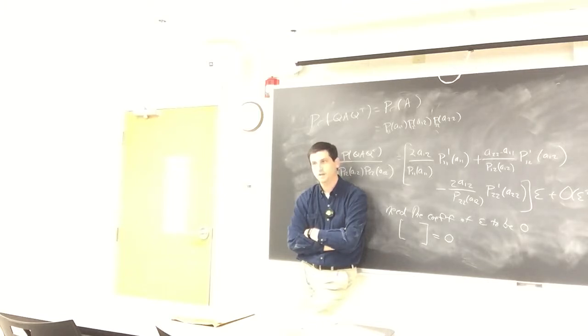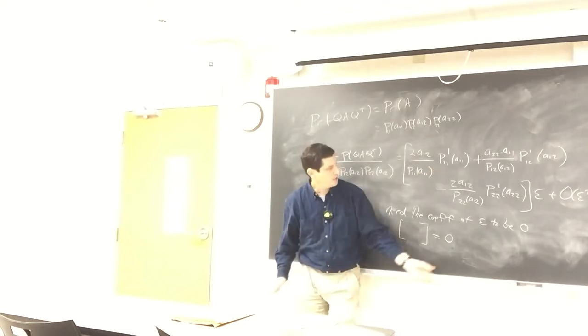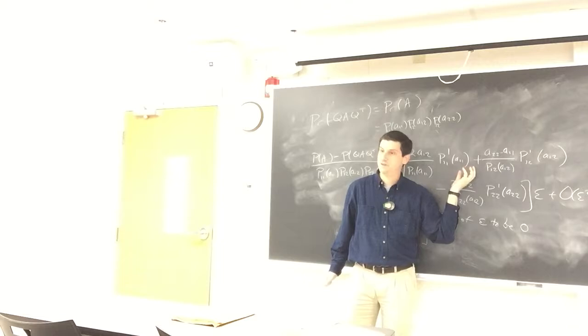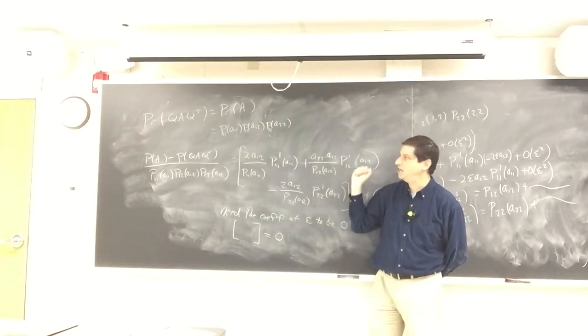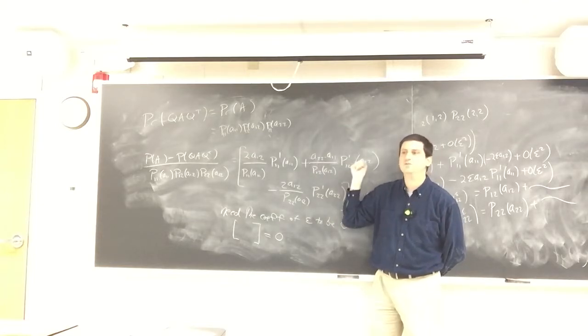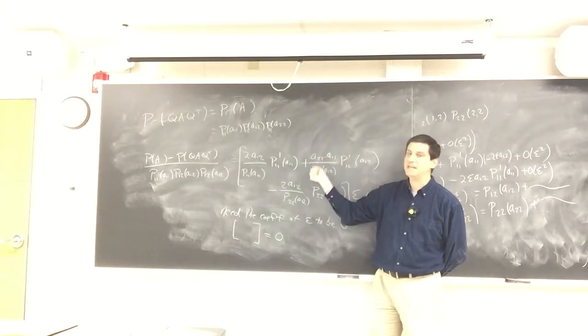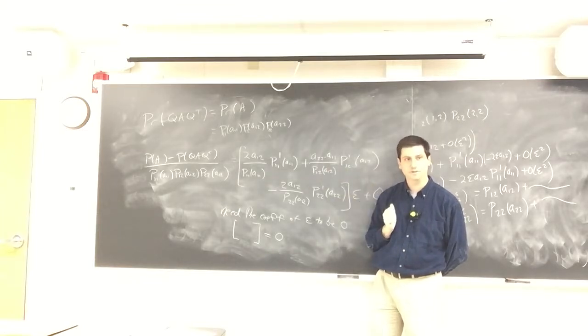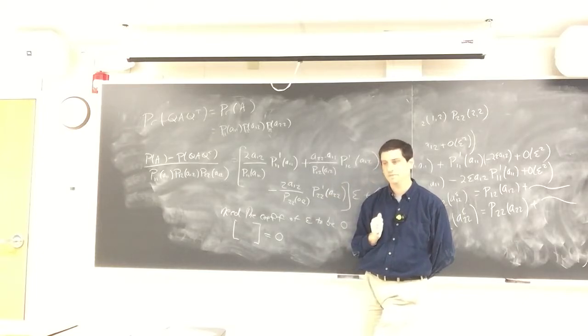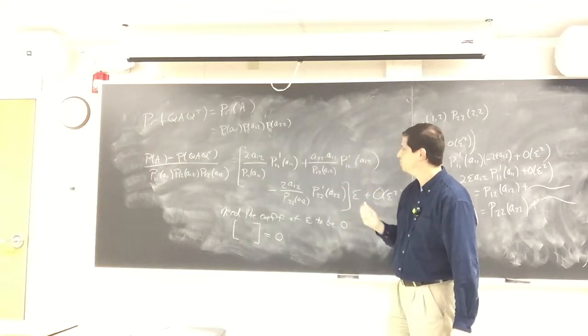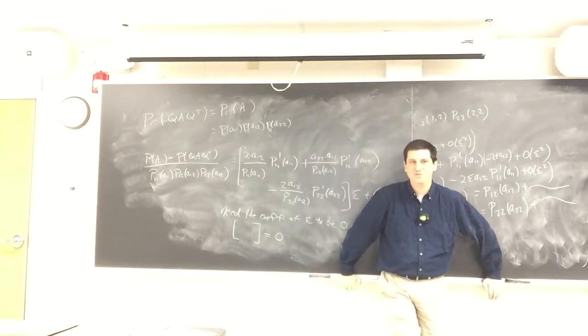Otherwise, if I make a small rotation and this bracketed quantity were nonzero, the order epsilon squared piece can't be enough to cancel this if epsilon is sufficiently small. So this is the main idea. Because this is supposed to be invariant, unchanged if I do a small infinitesimal rotation, if this wasn't 0, with epsilon sufficiently small, the epsilon squared piece can't cancel this and the probabilities would differ. Because the probabilities are the same, the only way that can happen is the epsilon term must be 0. And so now I have this wonderful differential equation to solve with 3 variables.